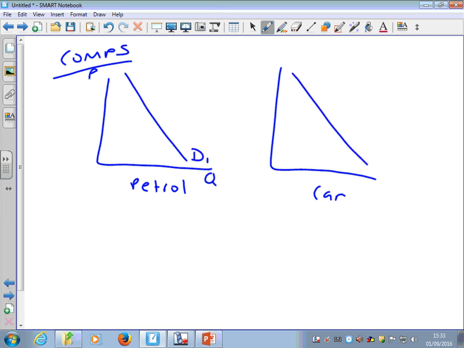So we've got demand, we've got demand. Now let's imagine the current price of petrol is P1 and at P1, Q1 petrol is bought. We've got P1 price and Q1 demand. Now let's imagine petrol price has increased. It went up to P2.